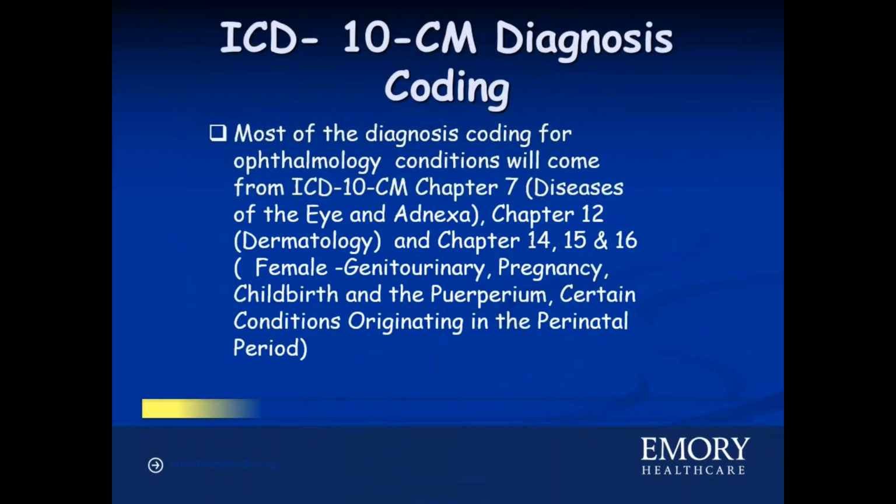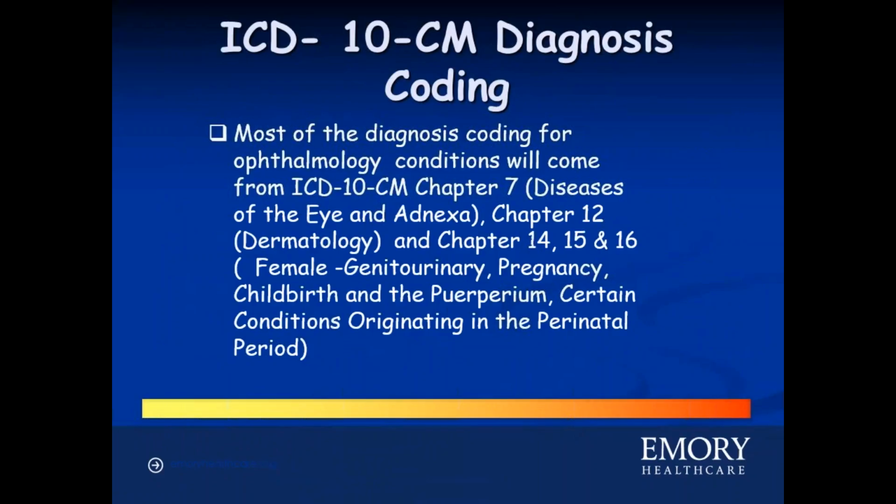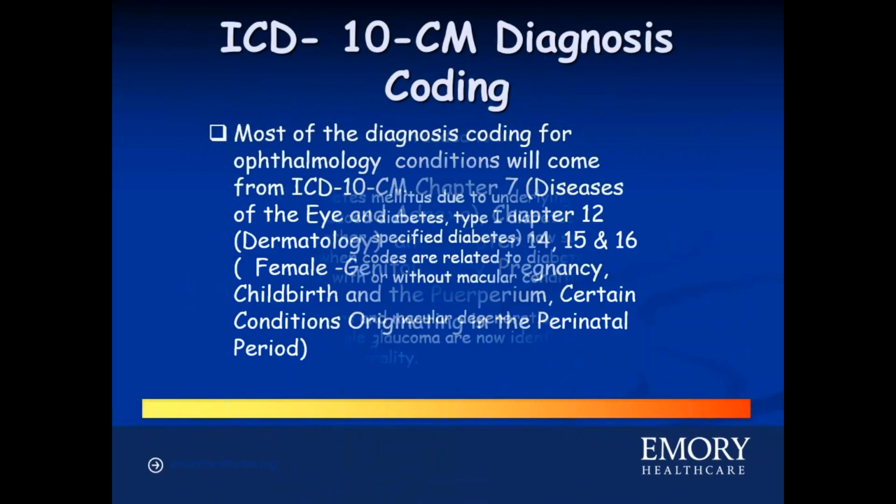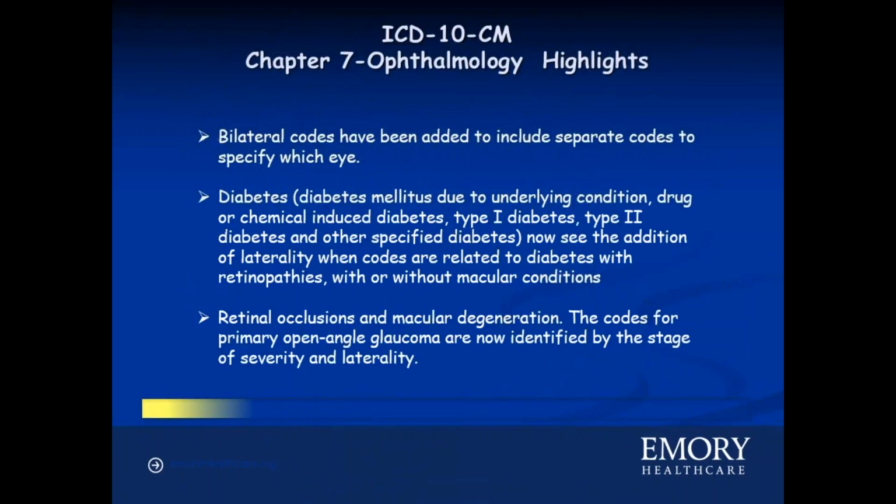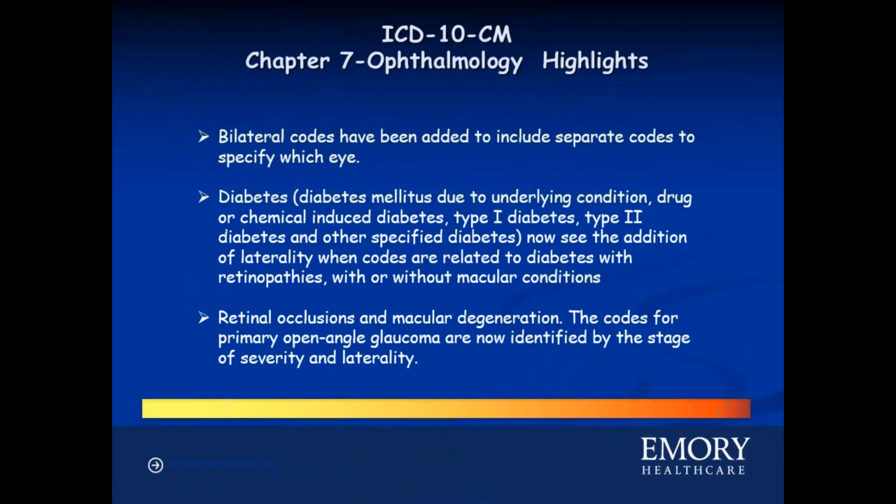Most of the diagnosis coding for ophthalmology conditions will come from Chapter 7, and then for dermatology 12. For GYN, OB, that could be all over the place, but mostly 14, 15, and 16. Ophthalmology highlights: bilateral codes have been added to include separate codes for specific eyes. That makes good sense.